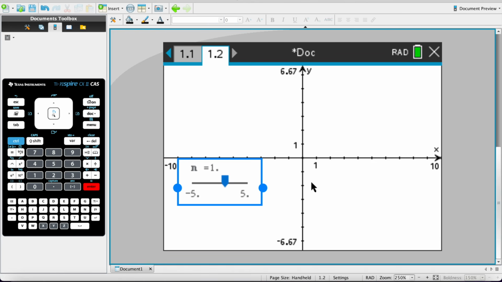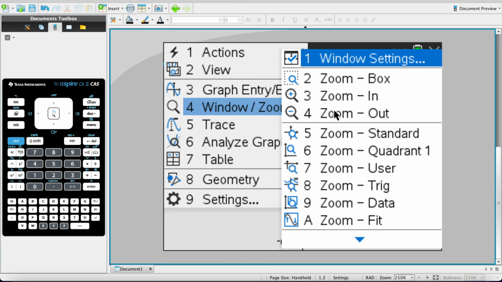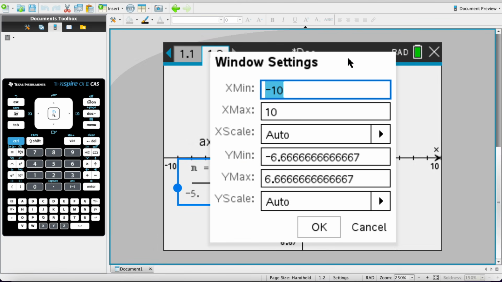And yeah, we can create a slider. And just the tip is to make the zoom the exact same as what you've been given. So menu, window zoom, window settings. They've given you from 0 to 30, so I might go negative 10 to 40. And your x and your y, they've gone up by ones.